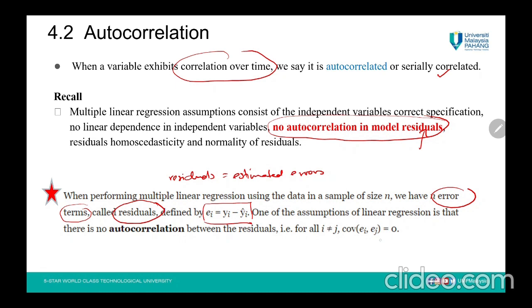One of the assumptions of the linear regression model is that there is no autocorrelation between the residuals. For all i not equal j, that is, the covariance of e_i and e_j equals 0.